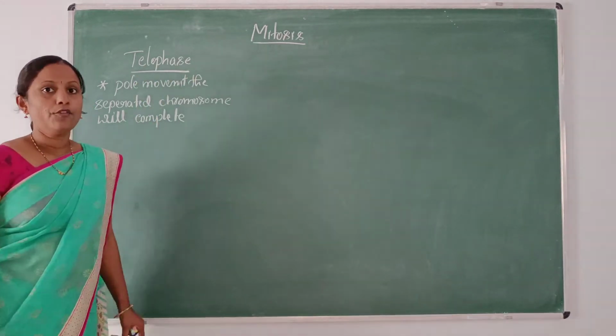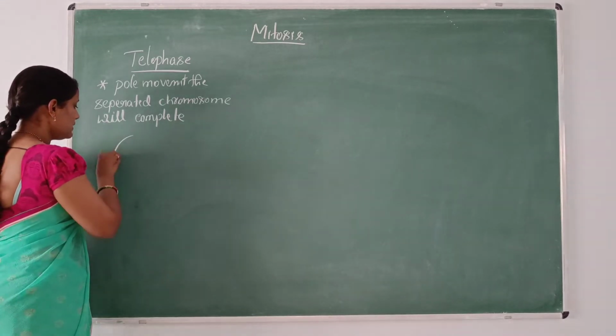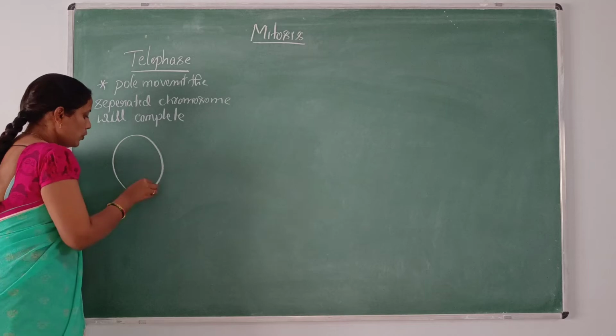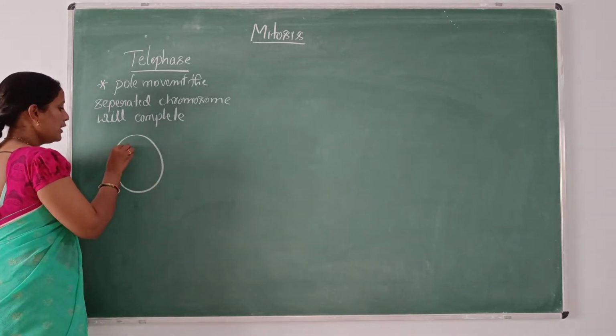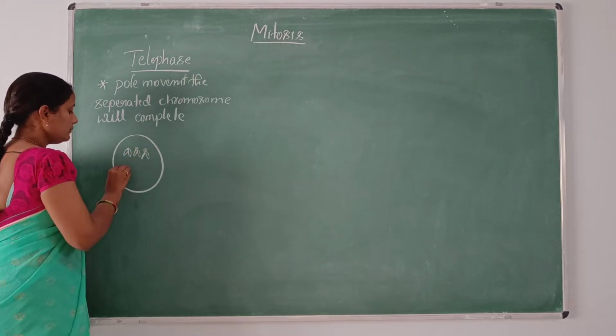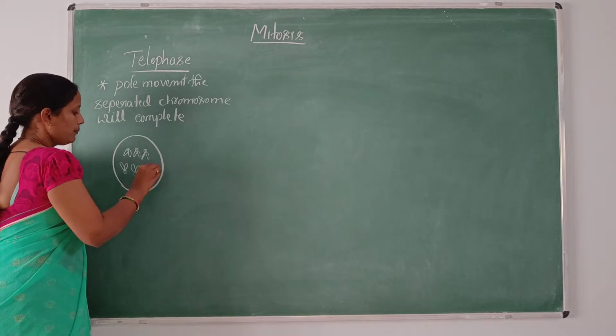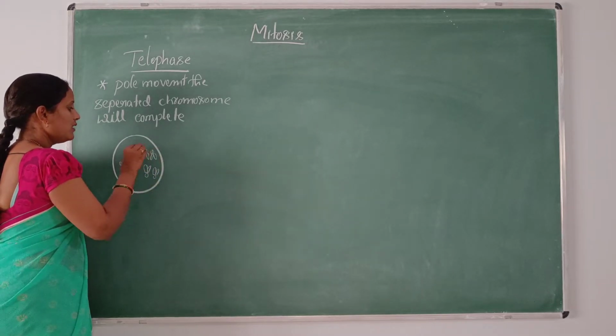That means in the anaphase we have discussed that the chromosomes have started moving towards the opposite pole like this. This movement has been completed.